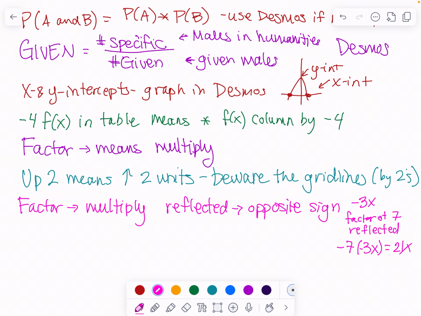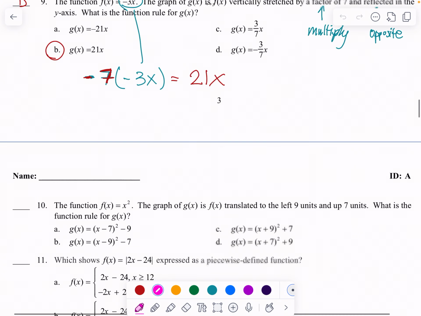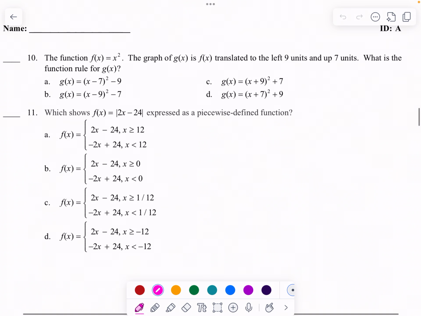Okay. Then this function is f of x equals x squared. So good, look at the squared, it made it on there. Okay, so if we're going left 9 units, that means we're going to add 9, and up 7 also means we're going to add 7. So I'm going to put this little note on here.